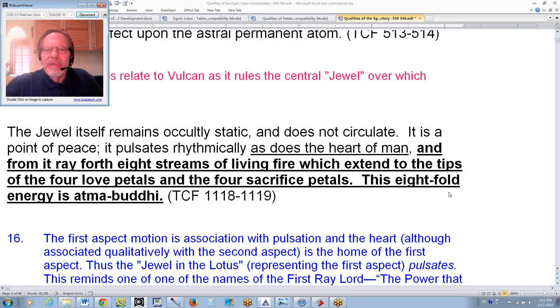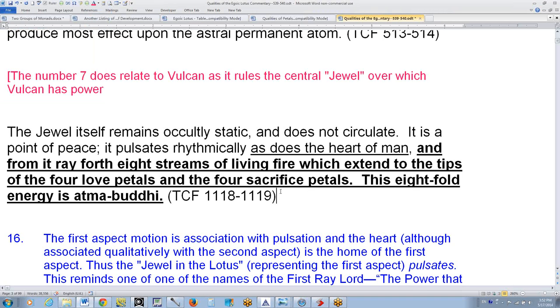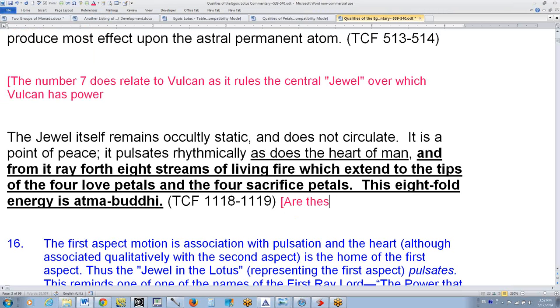It looks like we're not considering the knowledge petals at all. So there would be 3 normal love petals and a sacrifice love petal, and then there would be 3 normal sacrifice petals and a love sacrifice petal. This 8-fold energy is Atma Buddhi, and our question is, are these radiations the same?